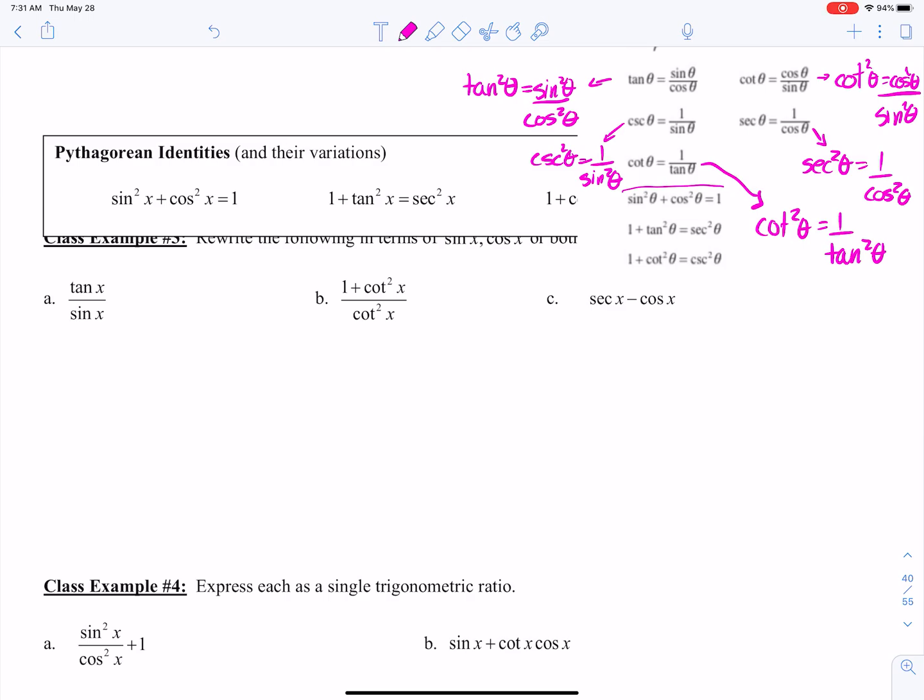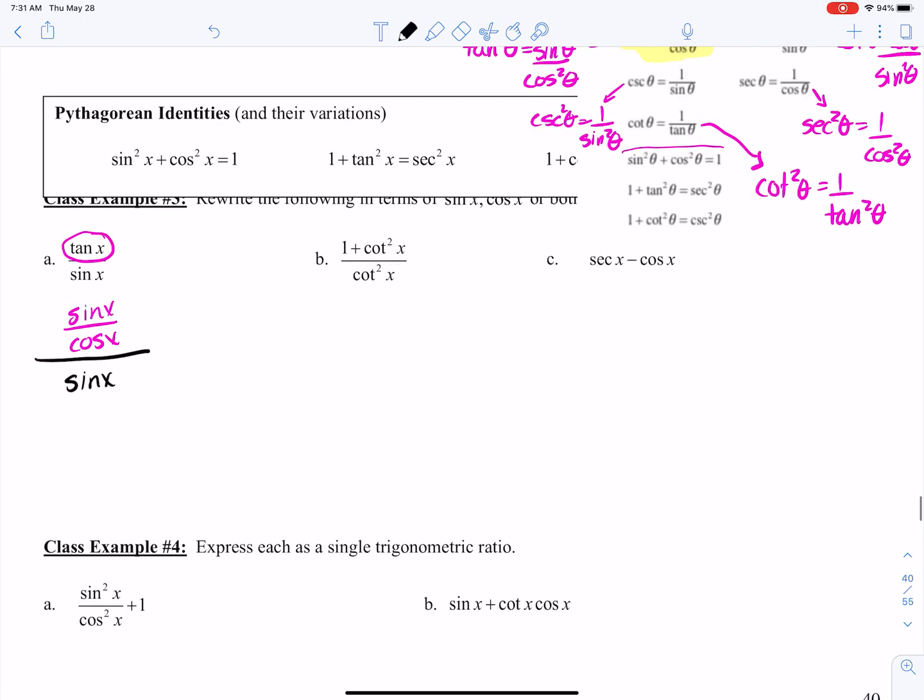All right, so class example number 3 asks us to rewrite the following in terms of sine x, cos x, or both. So the first thing I'm going to do is take this tan x and replace it with sine over cos. So this becomes sine x over cos x, and then it's all over sine x. Now I can never leave a fraction within a fraction, so I'm going to simplify that.